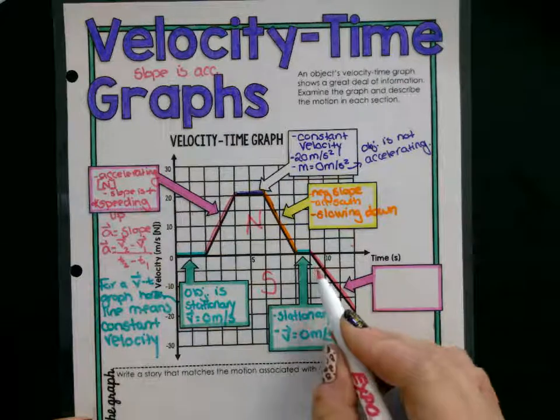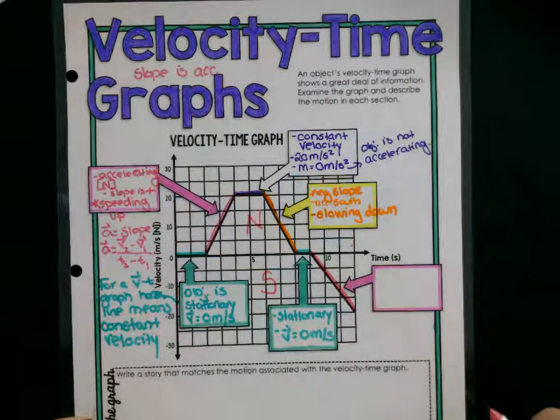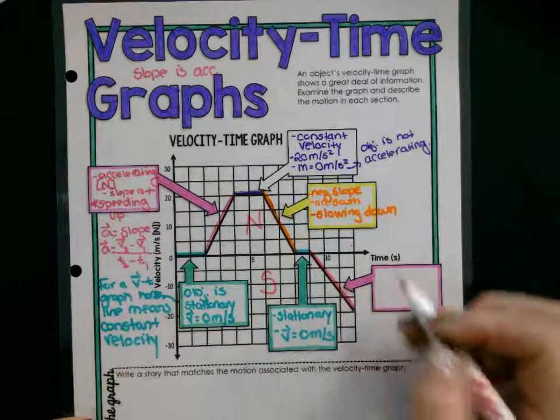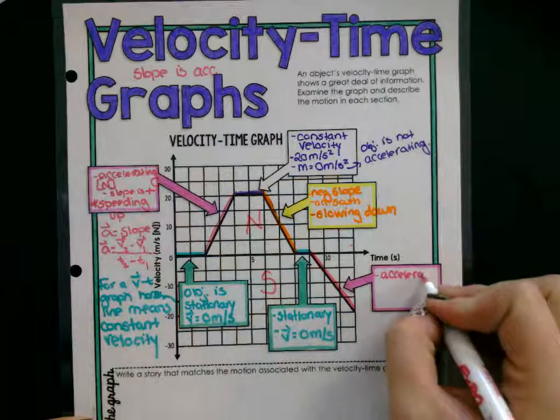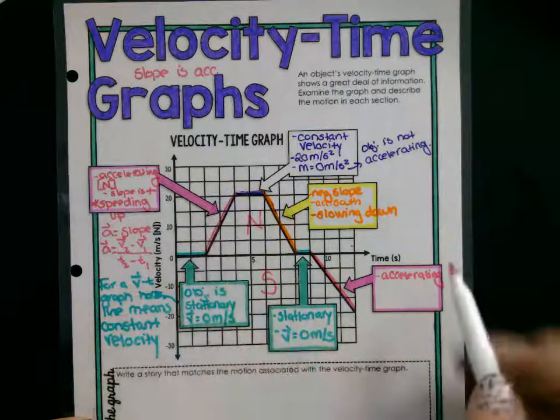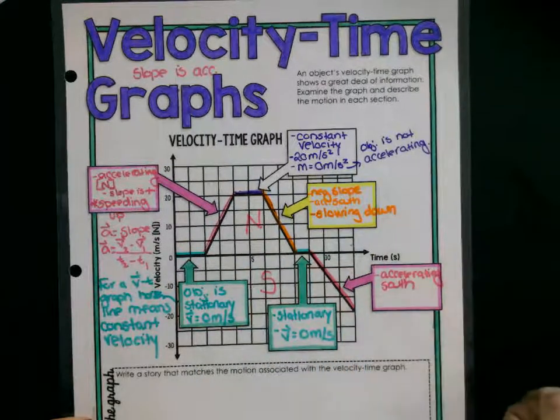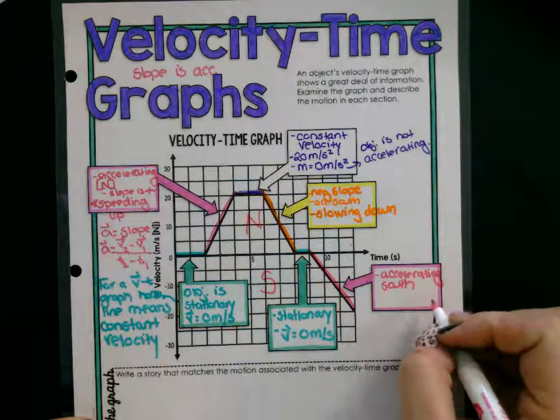Okay, so speed is increasing. The speed is getting faster and faster. That velocity is increasing, so we know we are accelerating. But we're not accelerating north. We're accelerating south, or in the negative direction.